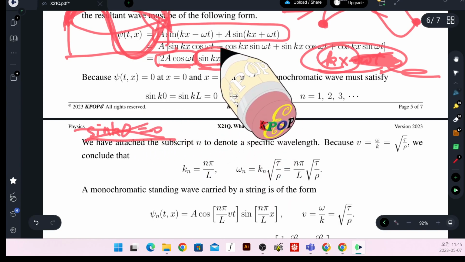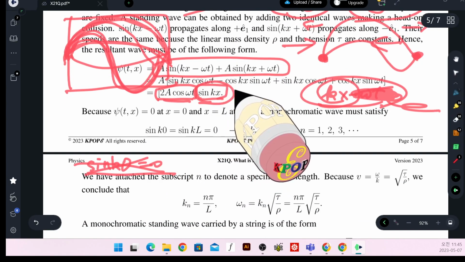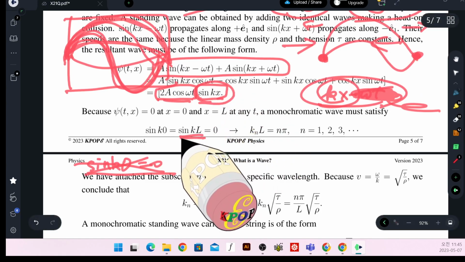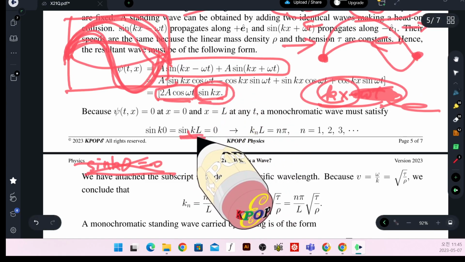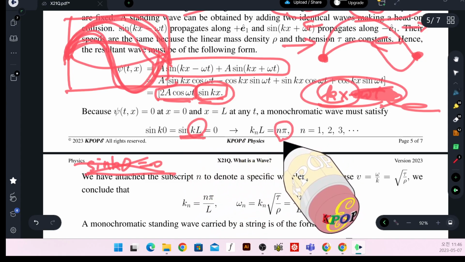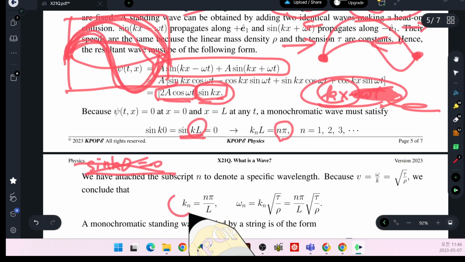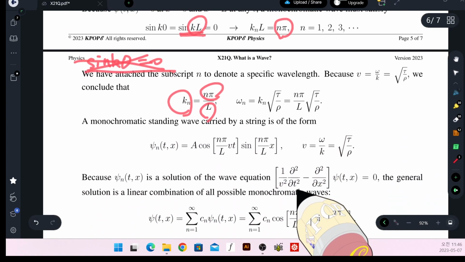However, if I substitute L, the right endpoint, then this function gives a strong constraint. Sine of something is 0 for any integer n pi. So the wave number is completely determined by n pi divided by the length of the string.